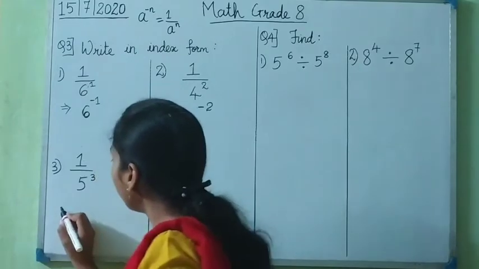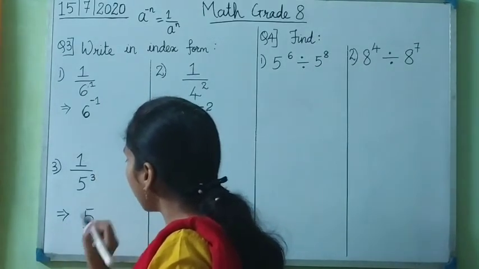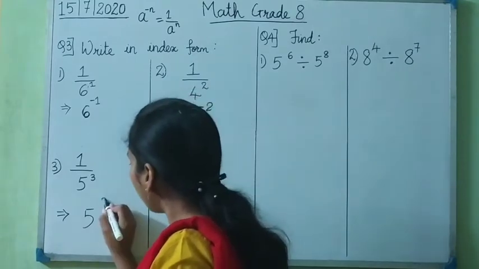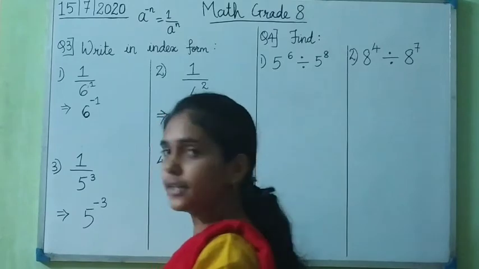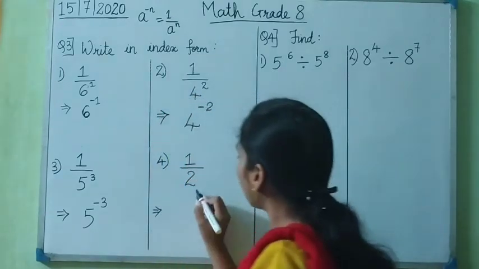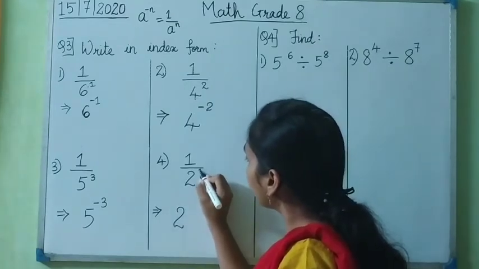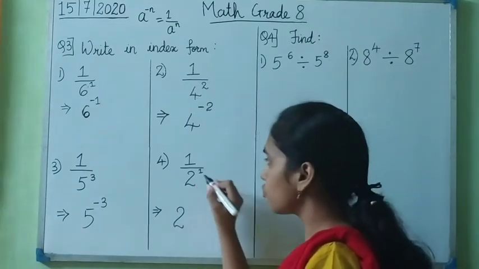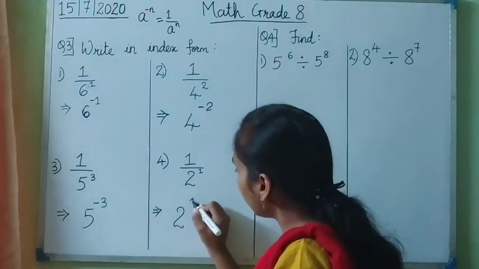In the third example again, the number is the same, which is 5. Its index is also the same, which is 3. Only we put a negative sign on it. And the last one, the base is the same, 2. Here also the power of this number 2 is 1, because if there is no power, the power is 1. So 2 raised to 1.